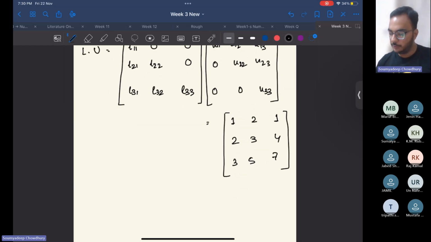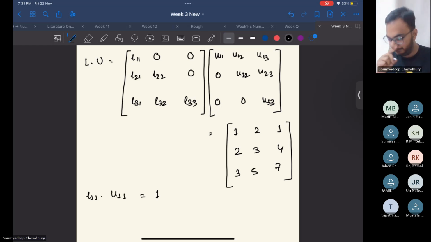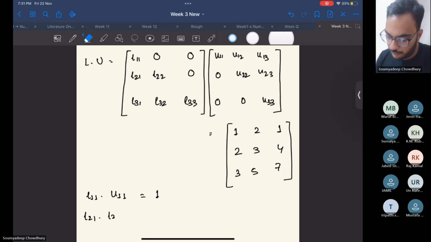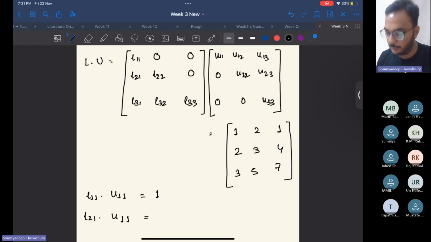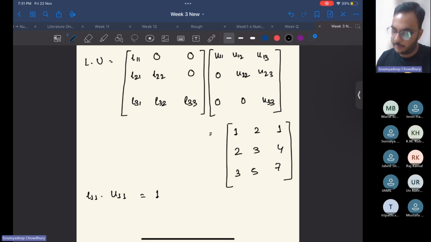So if we equate these two, if we multiply this L and U, how much will we get? First will be L11 into U11, equals 1. First row into first column. Then L11 into U12 equals 2.